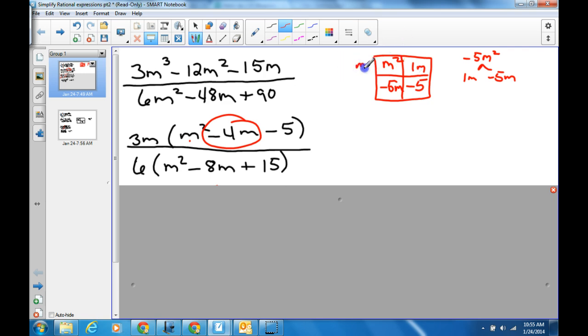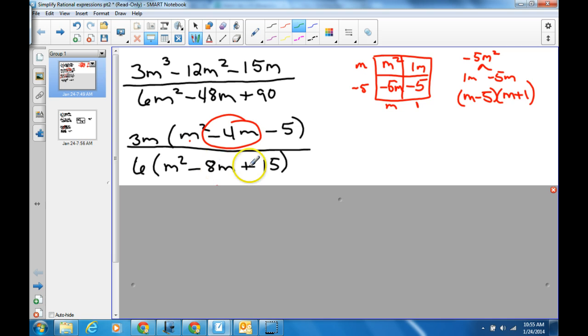An m. Bottom row, negative 5. Good. Left column, an m. Right column, a 1. So my factors are going to be m minus 5 and m plus 1. Okay?